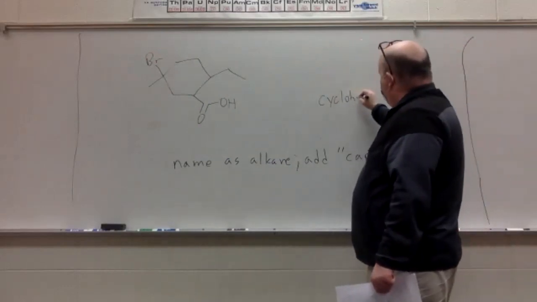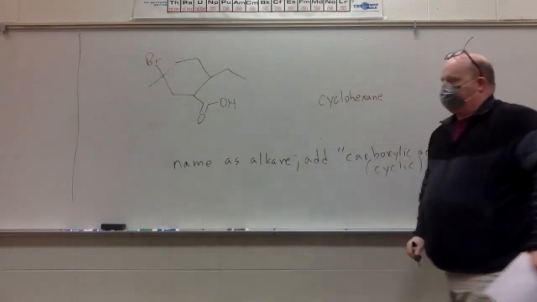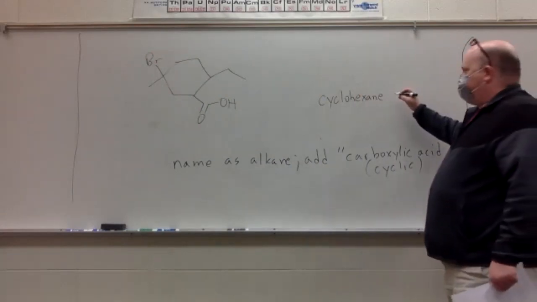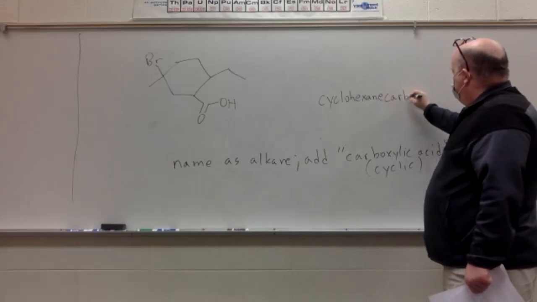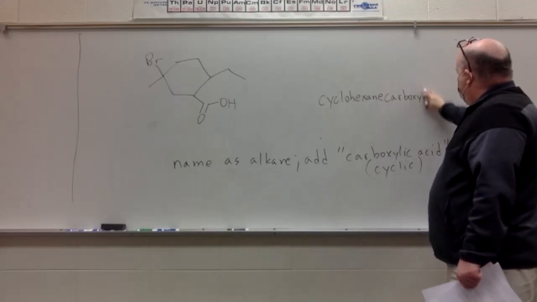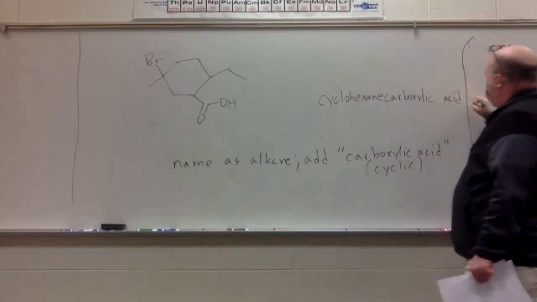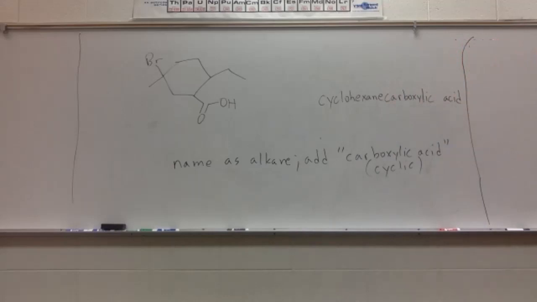We leave the alkane name untouched. What do we have to do to it? Add carboxylic acid. It's funny, this is all one word too, and then acid is separate. Yes, that is cyclohexane carboxylic acid. Why is it not cyclohexanoic acid, which sounds a lot more efficient to me? I don't know, but that's what IUPAC came up with, so we'll work with it.